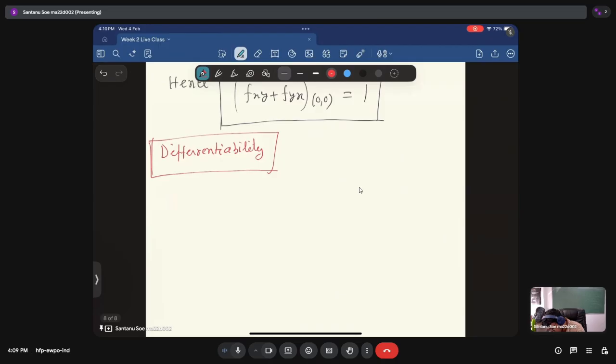So that's why we will take the domain to be open here. So let D, a subset of R squared, be open, and let f be a function from D to R.